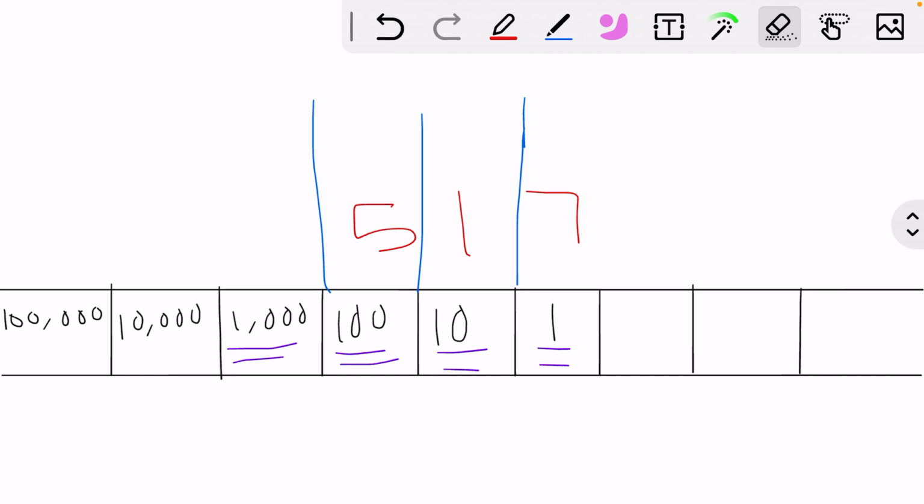Now, a good question to ask is, why is it groups of 10? Why did they increase by 10? Like, why is it each place you go to the left, why is it times 10? And the answer for that is really just because it was convenient. So for example, let's erase this real quick.